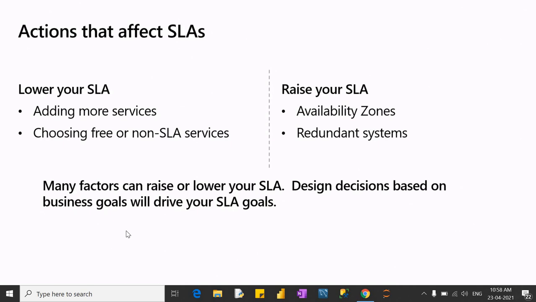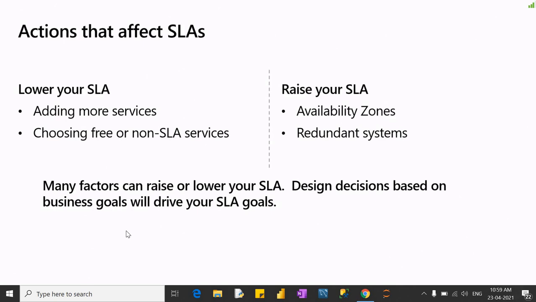And if you choose a free service or a preview feature, those won't have SLAs associated with them. But if you want to raise your SLA, your service level agreement, yesterday Lorraine showed you availability zones. That's one way to increase your SLA when it comes to virtual machines. Same thing with building in redundancies into your systems.